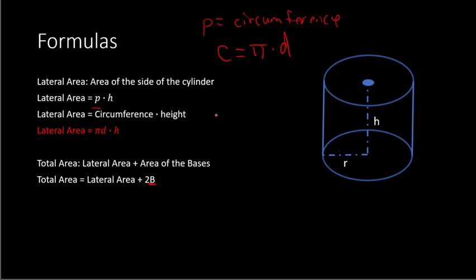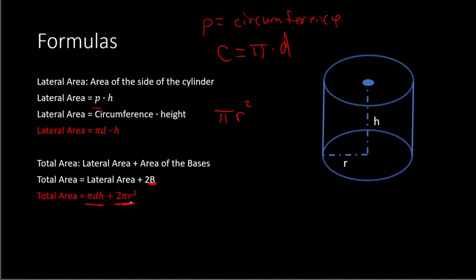So what is the area of a circle? Well, that's found by doing pi times radius squared. So in place of the B, we can plug in pi times radius squared, which is what we see right here. So we have the lateral area, pi times diameter times height. Add that with the area of the two bases, so 2 times pi r squared. That gives you the total area.